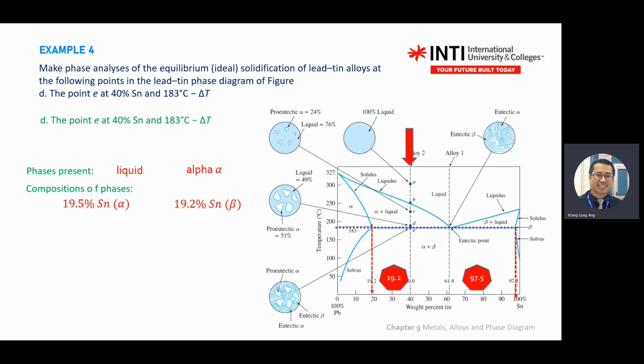So you read from the graph there. Liquid is 19.5% alpha.